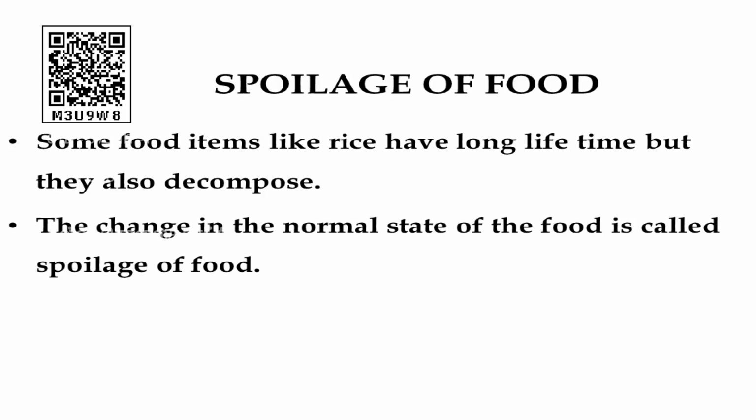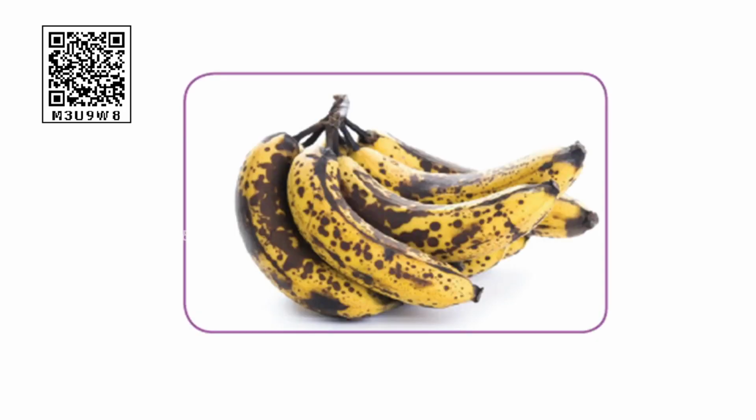Okay, now look at the images, children. Now what happened to the banana? It got spoiled. Why? Because the change in the normal state of the food makes the banana spoil. Now if we eat the spoiled food, what will happen? You will become affected by many diseases.